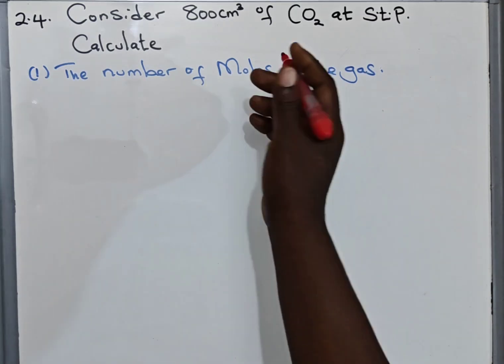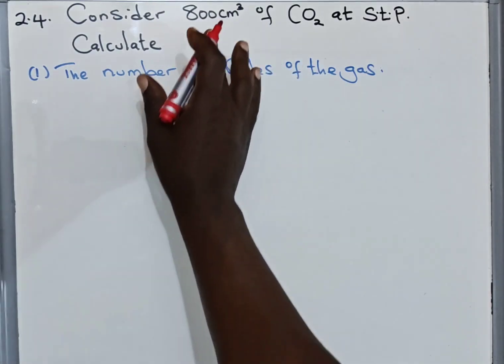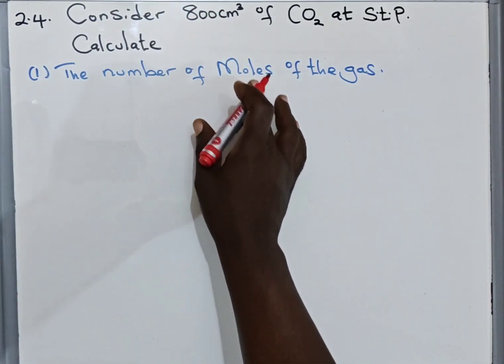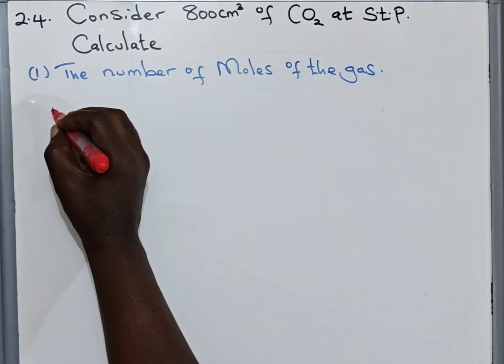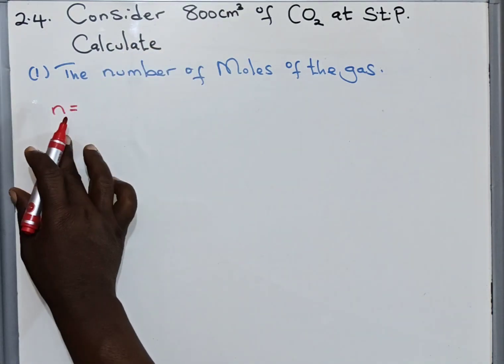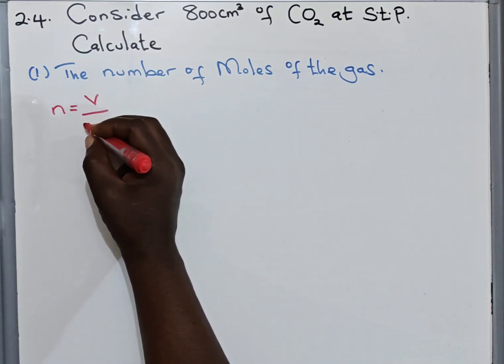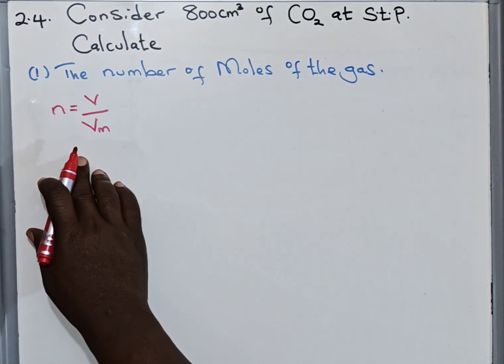The best approach here is to find the relationship between the volume and number of moles. That relationship is given by Avogadro. It says that number of moles is equal to volume over molar volume. So in this aspect, what do we know?